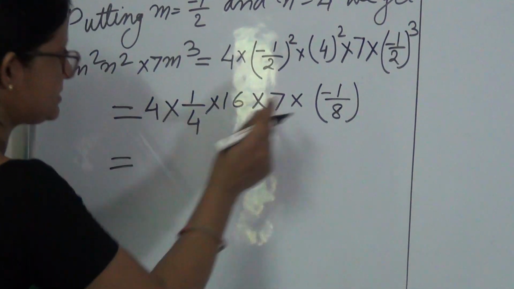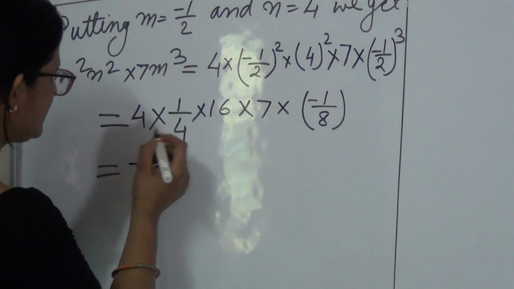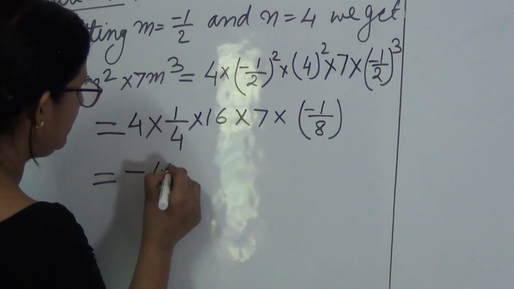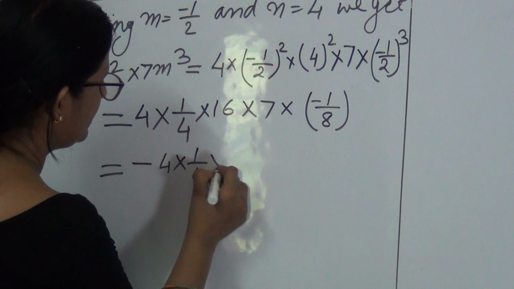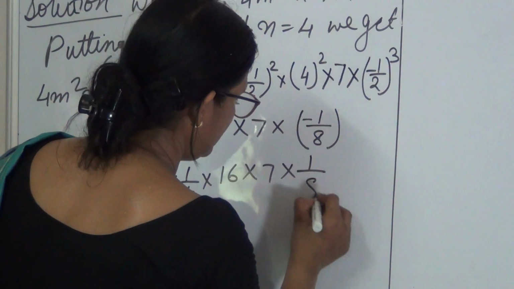So this minus we can bring in the beginning and let us solve this. 4 into 1 upon 4 into 16 into 7 into 1 upon 8.